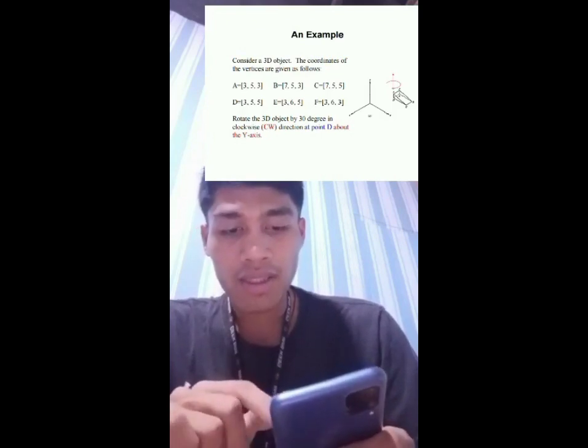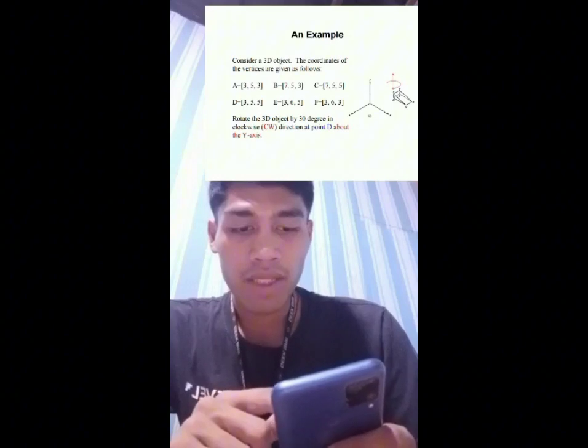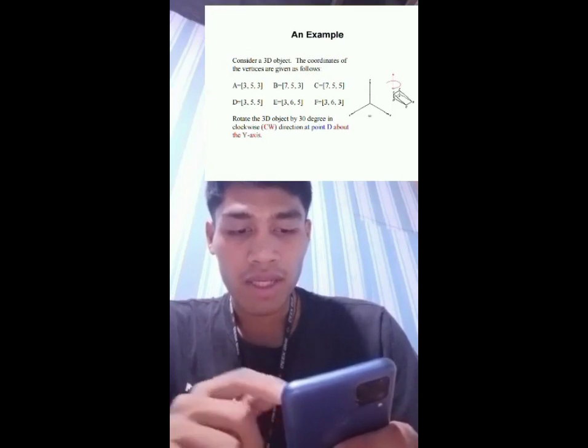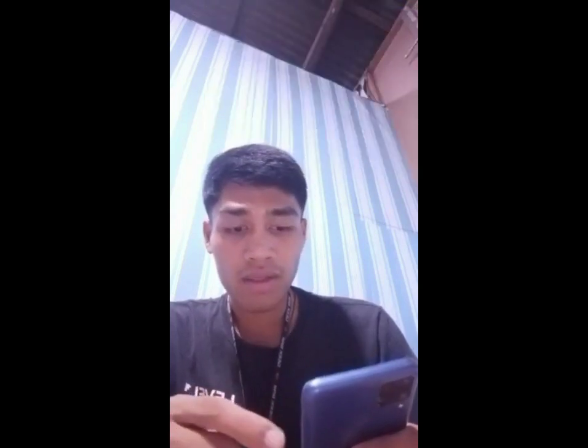Rotate the 3D object by 30° in the clockwise direction at point D about the y-axis.